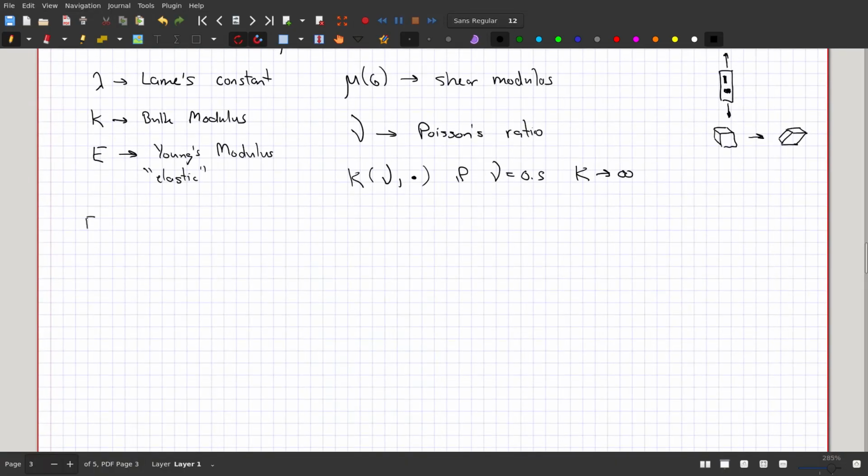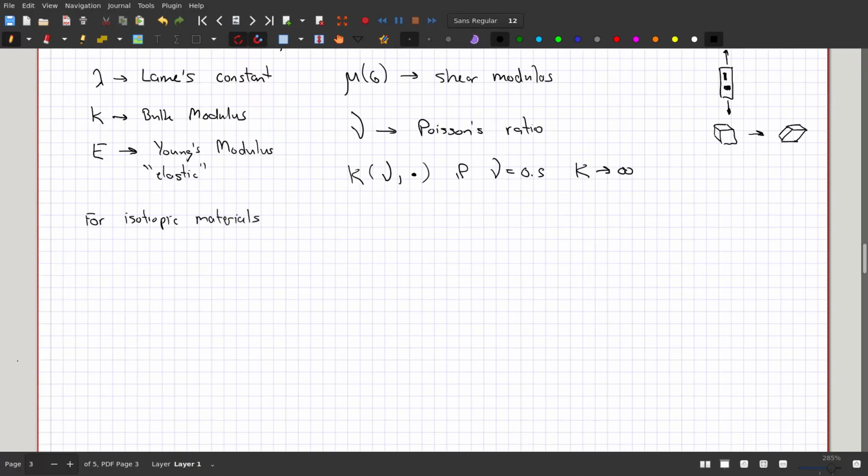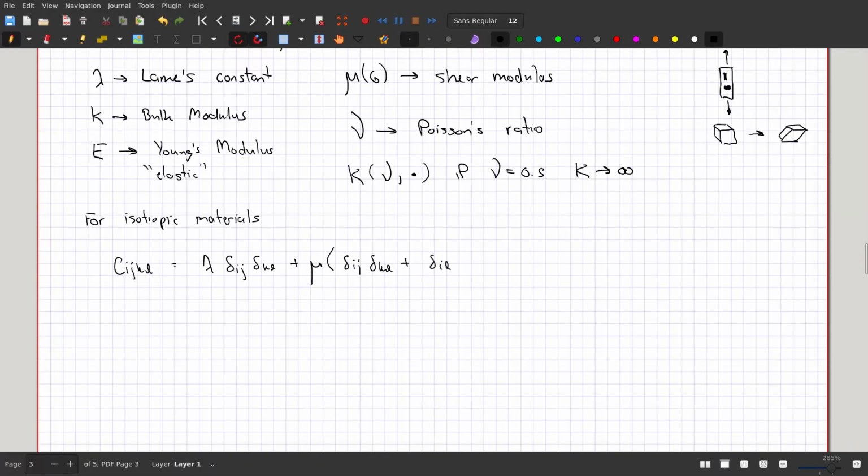So for isotropic materials, returning to tensor notation, C_ijkl is equal to lambda delta_ij delta_kl plus mu (delta_ik delta_jl plus delta_il delta_jk).